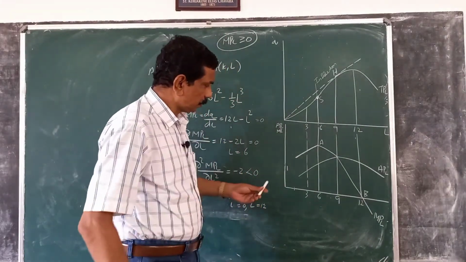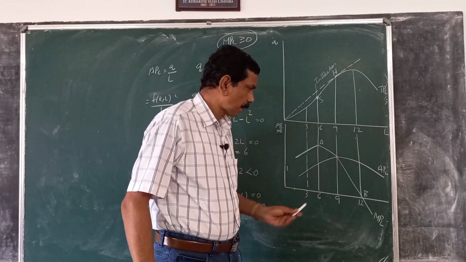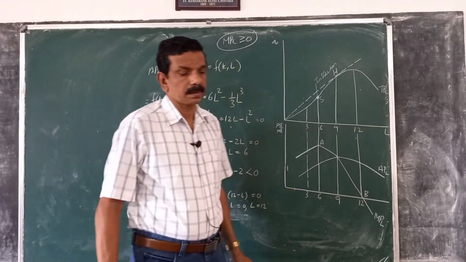And as you can see, the average product of labor initially increases, reaches a maximum, then decreases.